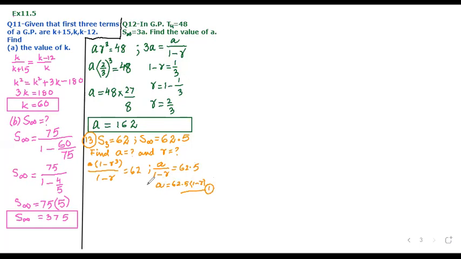So the same value we should use here in this equation. So the value of a from equation 1 will become 62.5 times 1 minus r cube upon 1 minus r is equal to 62.